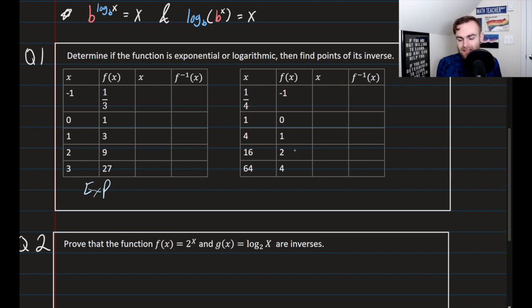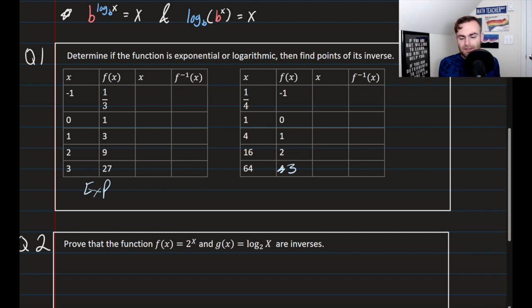If I look at the second function here, the x's are growing by a factor of 4, and the outputs, the f of x's, are incrementing by, in most cases, 1, but I think I messed that up. I think that's supposed to be a 3. 4 to the third power, 16 times 4. Yeah, I definitely messed that up. That is definitely a 3.